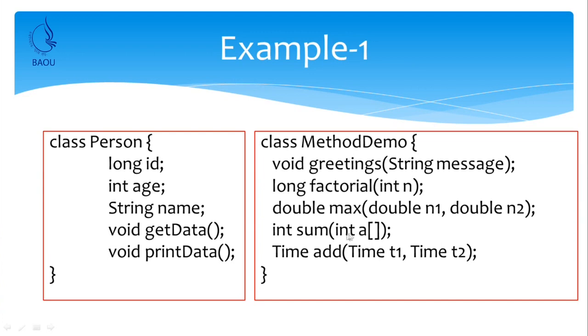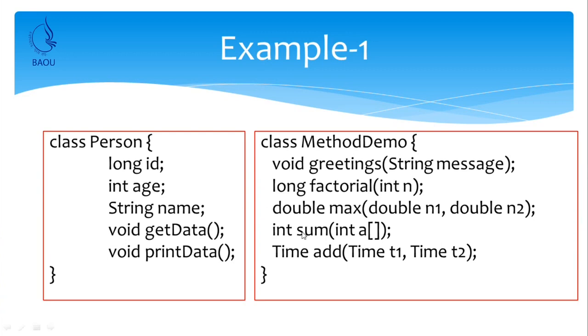So, here an integer array is the argument and the sum of all elements is returned by this method, and the return type is integer. You can have long also, but it depends on your data, whether your data is very large. So, some may be outside the range of integers. So, at that time you can also take long as a return type.